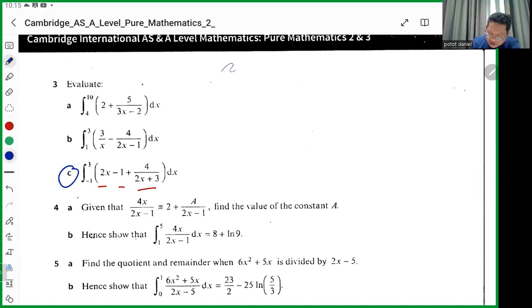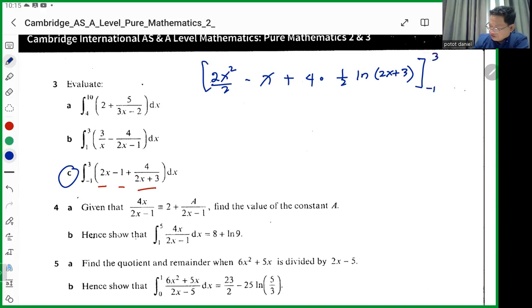The integral of 2x is equal to 2x squared over 2, minus x. I will not simplify first, so you'll be able to see plus 4 times 1/2 ln 2x plus 3, okay? And that is from -1 to 3.